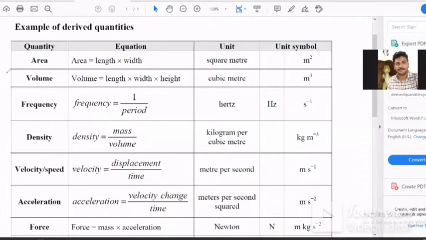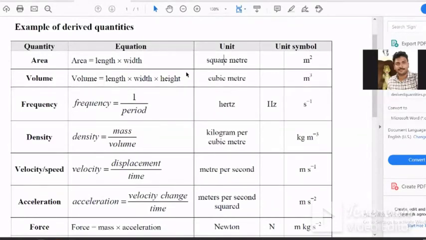One of your friends is having a doubt, so we'll solve it. What is a derived unit? Units which are obtained by a formula. Like area, we can get by the formula length into breadth.